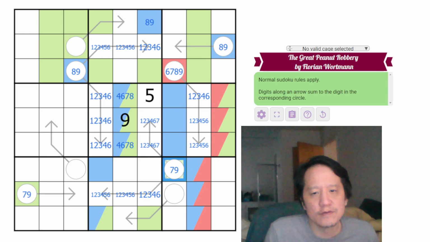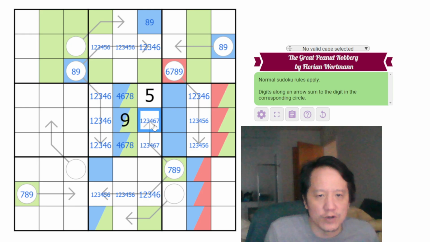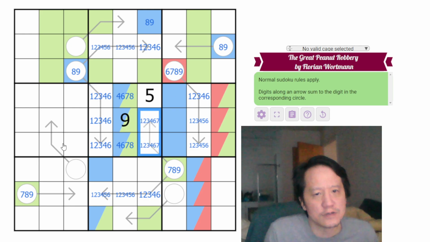This could be 8. But it has the same problem for this. Okay, so that's still correct, but this could be 8, right? I forgot about 2, 3, 4, and then 1, 7. That works also. So this is 7, 8, or 9.